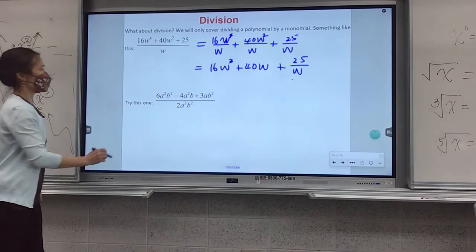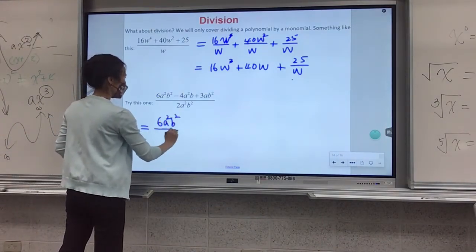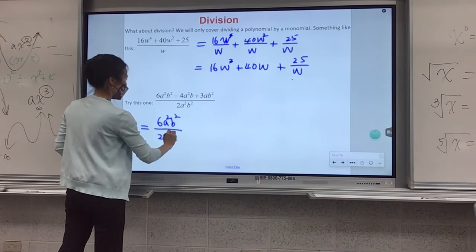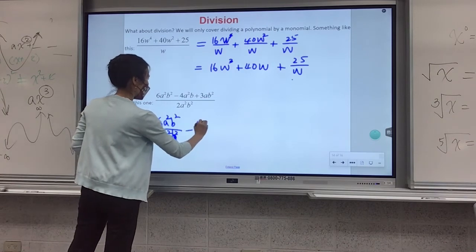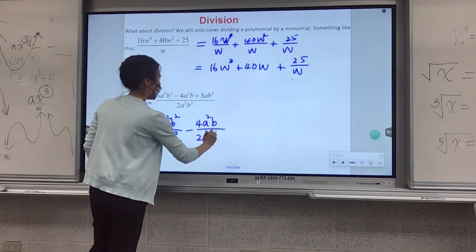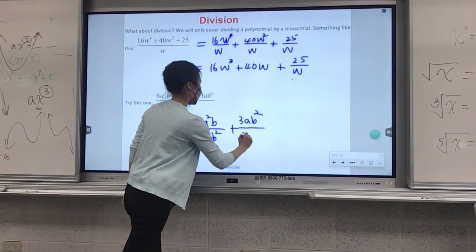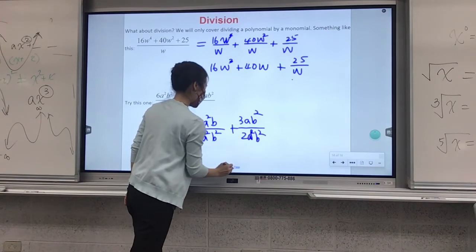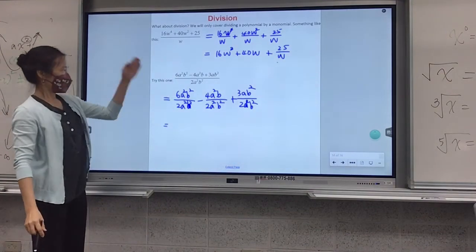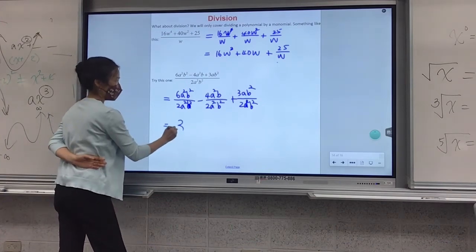All right, let's try this one. 6a squared b squared. Every single term is divided by 2a squared b squared. What is the first term after I cancel? 3A.